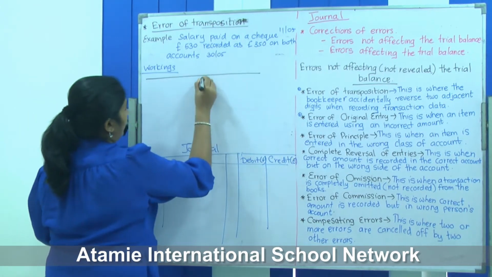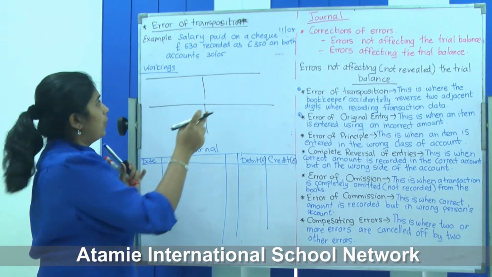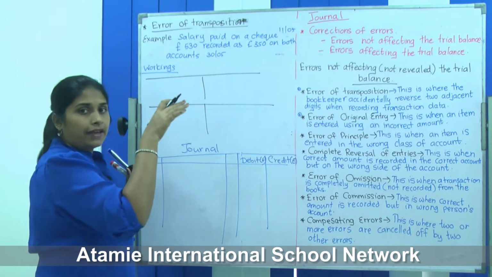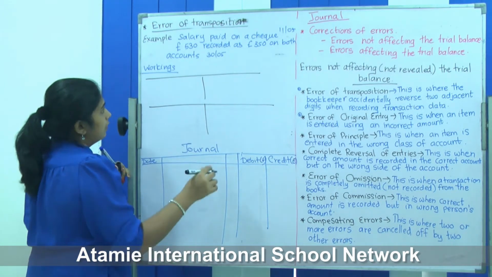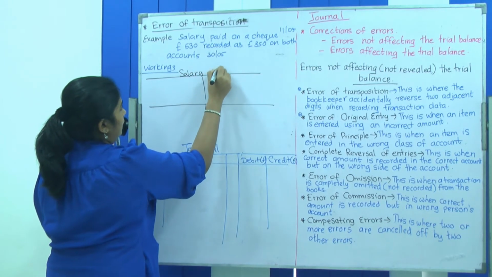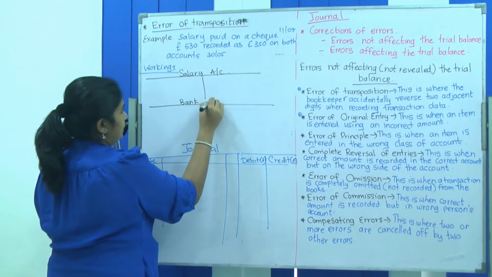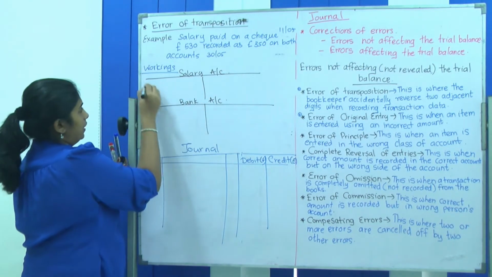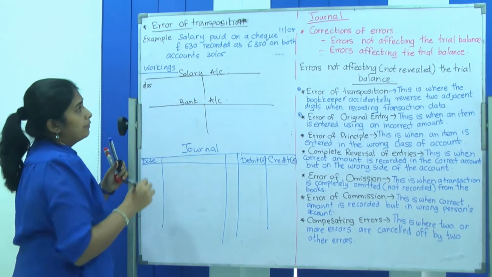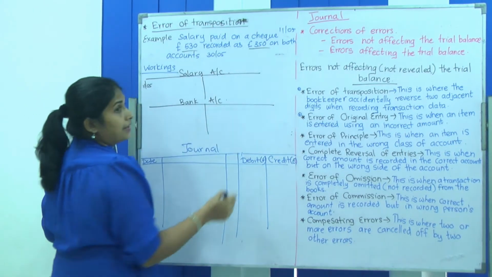Normally when you pay your salary by check, the salary expense goes up, and when you use a check to pay, the cash inside the bank goes down. So normally the salary account will be debited, and the bank account credited. On 11th of May, 530 has been recorded as 350.